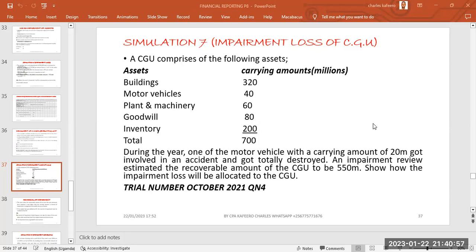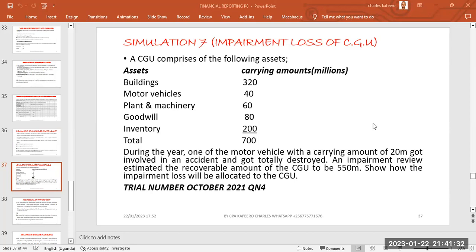I abbreviated CGU to mean a cash generating unit. So it says a CGU comprises the following assets. We have the assets and their carrying amounts in millions. I didn't put the currency signs in most of my tutorials because people are watching from different locations, so you may use any currency you want, so long as you get the basics.